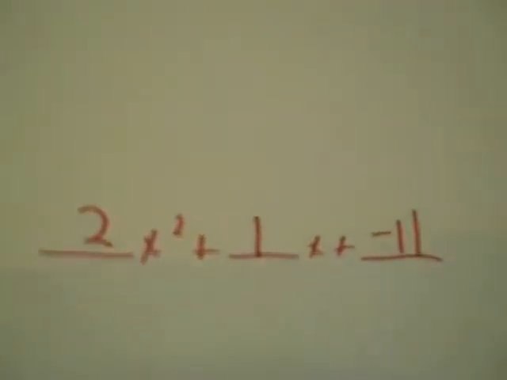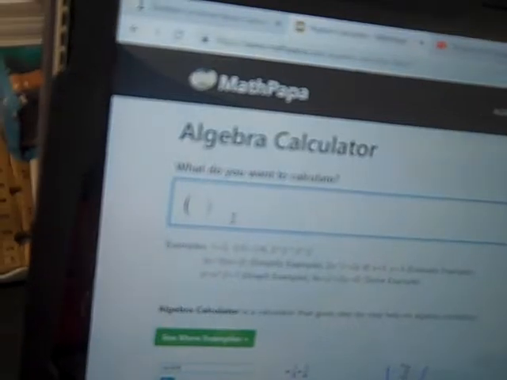Now, instead of that, we're going to roll this whole expression, everything on top, into the Math Papa algebra calculator. So what you do, you put a parentheses, 1x. To make that to the second power, you hit Shift 6 and then put 2. Then you hit the right arrow so it gets out of the exponent. Minus 5, close it.